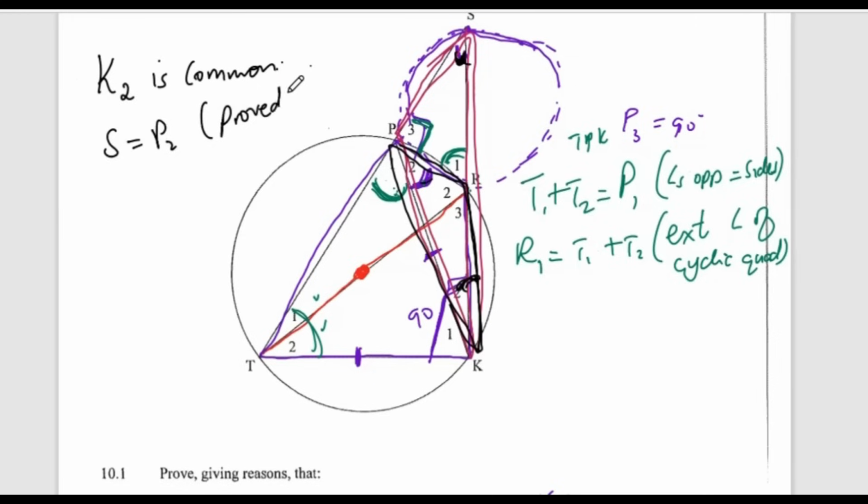We just proved that, which means this is gone. So it means R2 plus R3 must be the same as P2 plus P3. The reason is going to be the remaining angle.